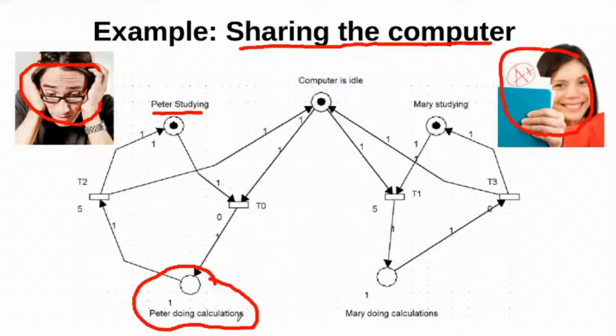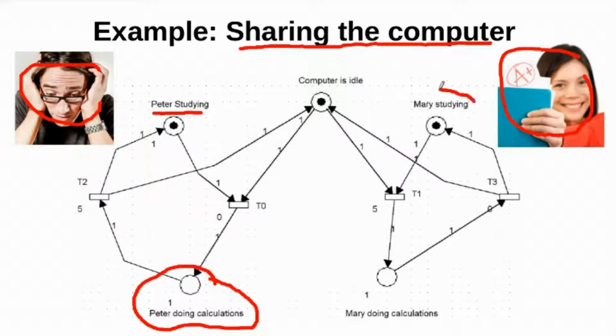Okay, so the idea is that Peter is a bad student. Peter is always using the computer because he is not sure about what to do. So he is always applying the trial and error method. That's the general idea. While Mary is behaving just the other way round than Peter.